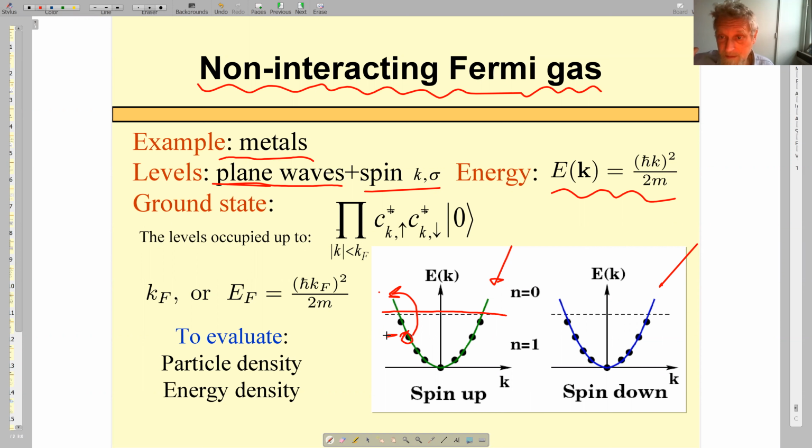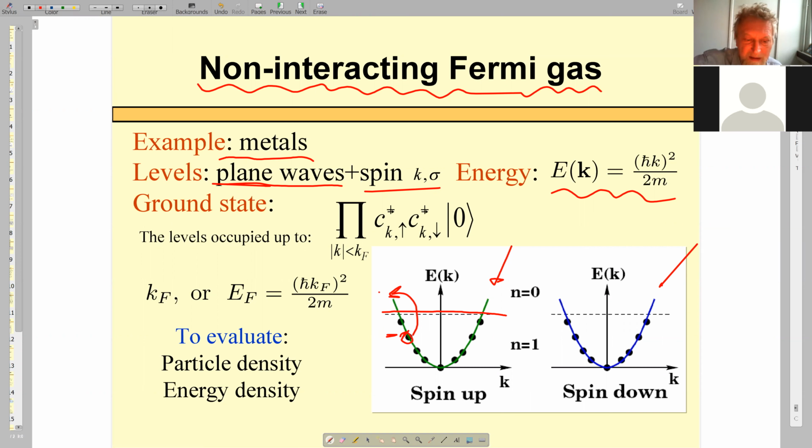Did I manage to make it clear for you? Yes, that's very clear. All right, fine. That you also know from a solid state physics course.